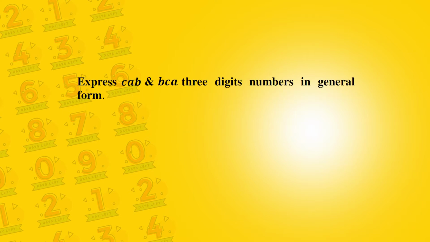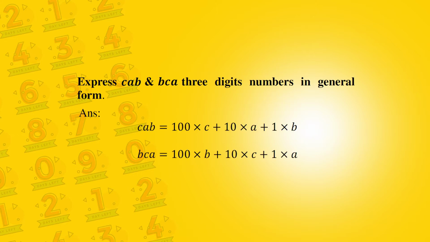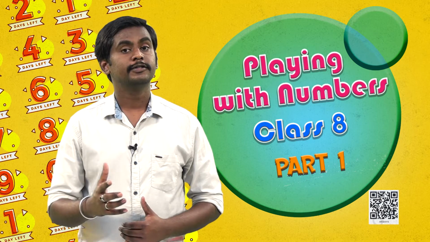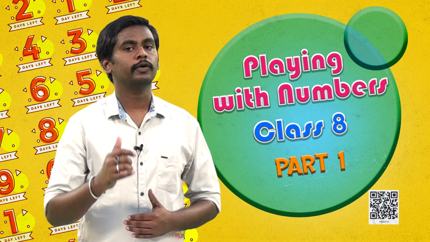Students, similarly, can you try to write for CAB and BCA? You observe that CAB is equal to 100 times C plus 10 times A plus 1 times B and BCA is equal to 100 times B plus 10 times C plus 1 times A. Students, try to answer the following question.